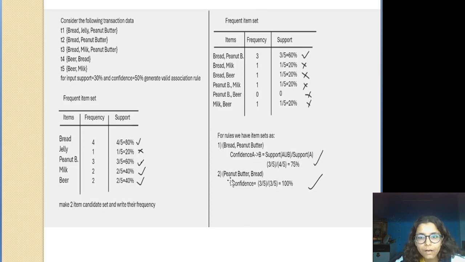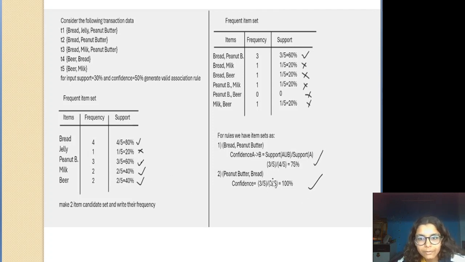Then peanut butter and bread. Confidence is now B to A. So 3 by 5 divided by 3 by 5. Here A is our peanut butter. Peanut butter came 3 by 5 times, which is equal to 60%.